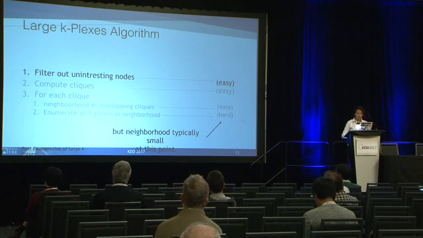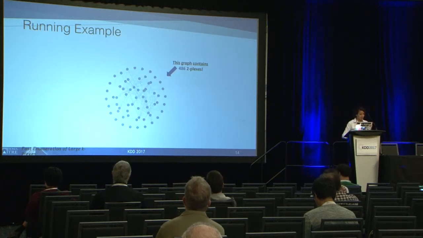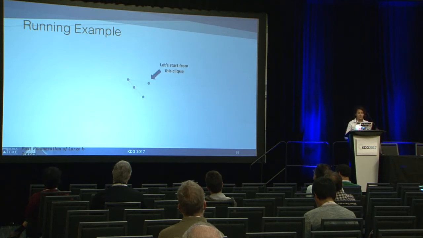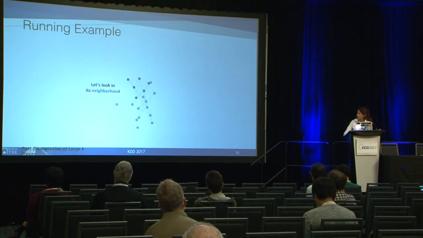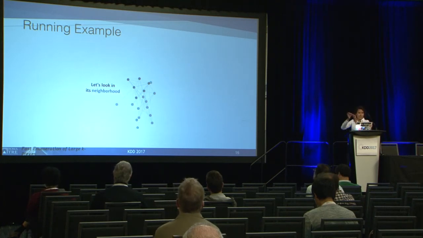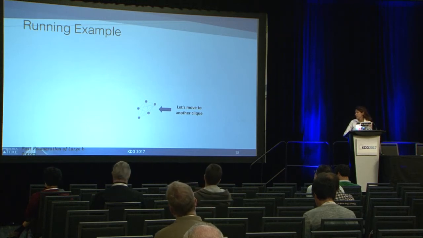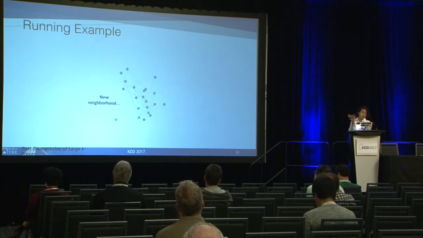So I'm showing some running example. Okay, so let's start from this graph. This graph contains hundreds of 2-plexes, and this is the first clique that is selected by our algorithm. If we look in the neighborhood, that's the set of nodes resulting from the overlapping clique criteria. We can find the k-plex. If we go to another clique of the original graph, we just look in the neighborhood of overlapping cliques, and we find the other plex.